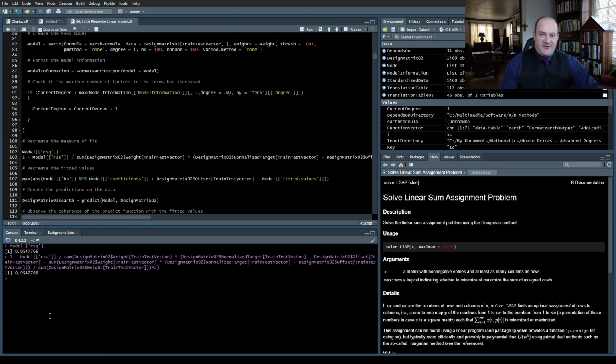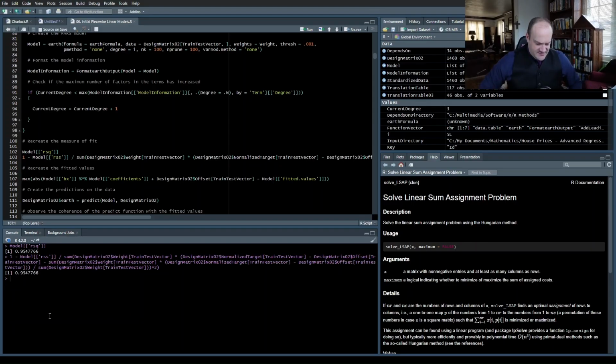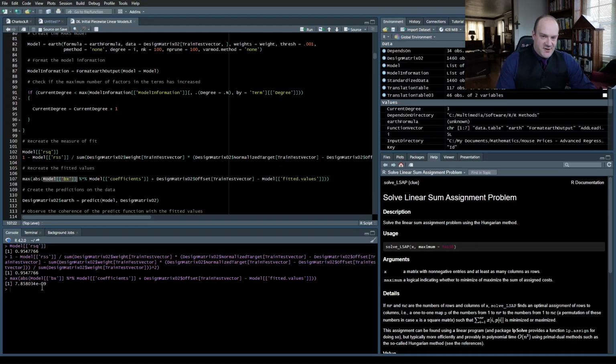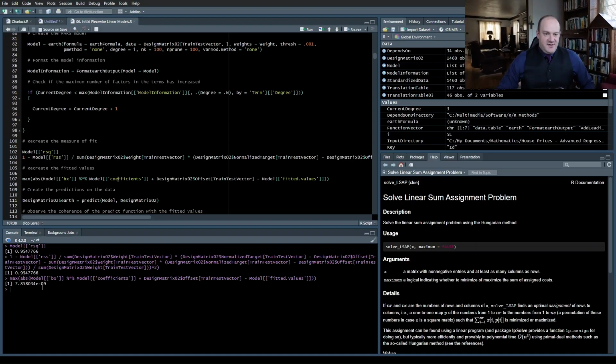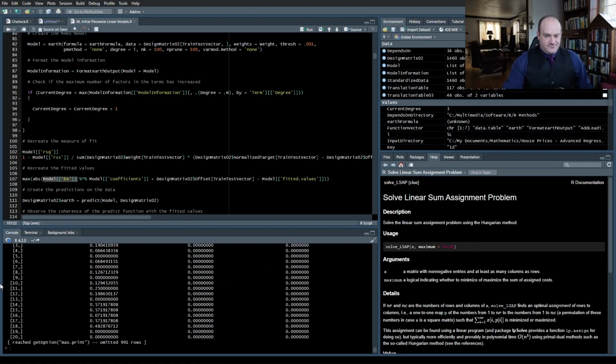Recreate the fitted values. So basically this confirms to us, that comes in, it might as well be 0. So what's that saying? Well, part of the model output is it actually creates the design matrix of the terms it created and selected. And so when you multiply that with the coefficients that are in it, take a look at this.